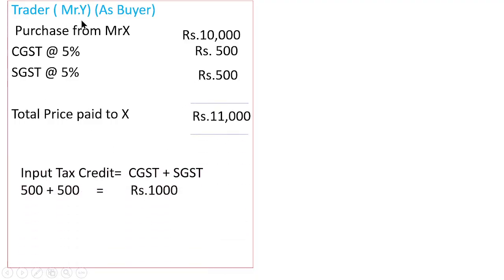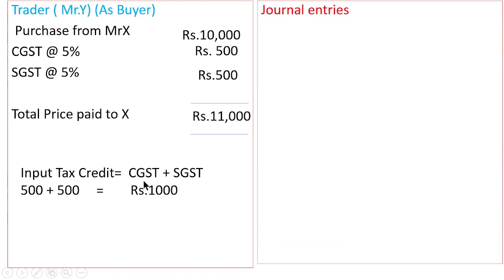So for Mr. Y, input tax credit, meaning tax paid to Mr. X, is 1,000. So in the books of Mr. Y as a buyer, he is buying the goods. So for him it's a purchase, and these two amounts, CGST and SGST, are input tax credit.